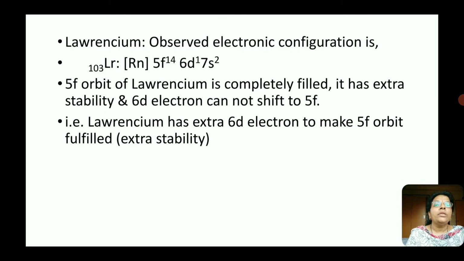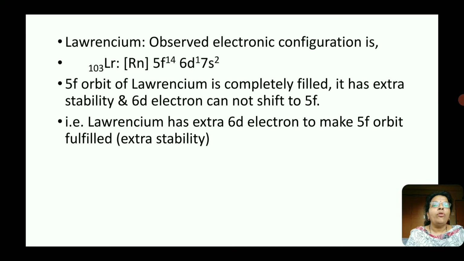Now we are going to see the electronic configuration of lawrencium. The atomic number of lawrencium is 103. Observed electronic configuration: Lr 103 is Rn 5f14 6d1 7s2.